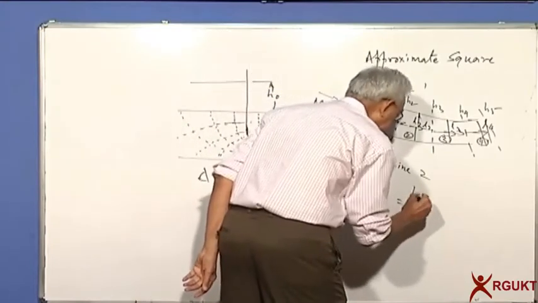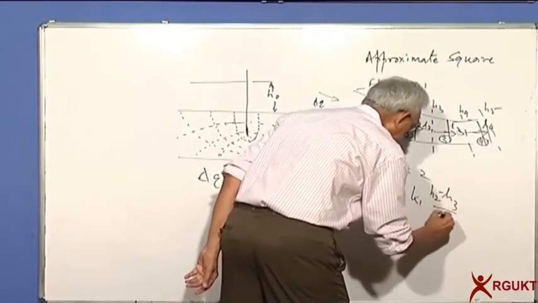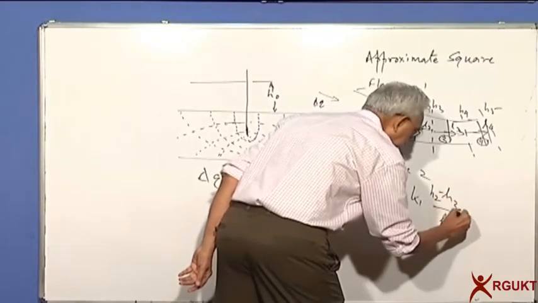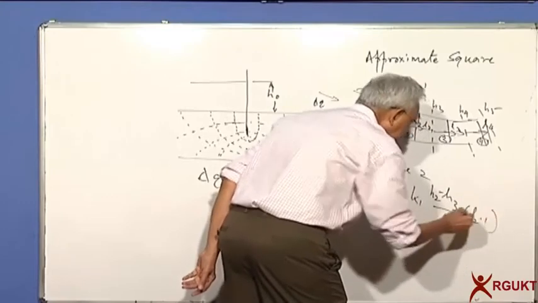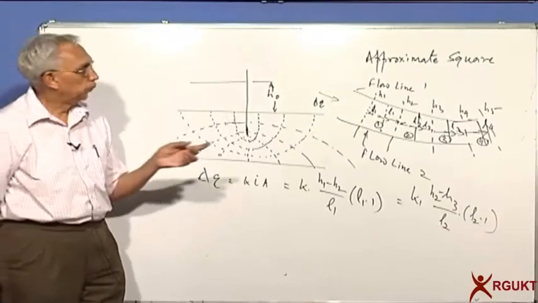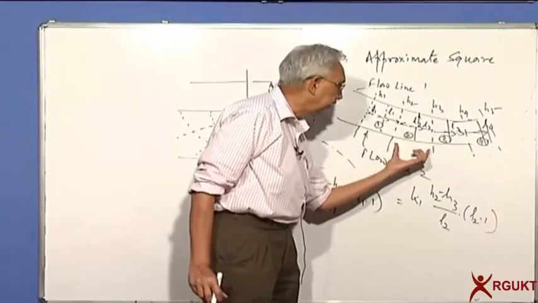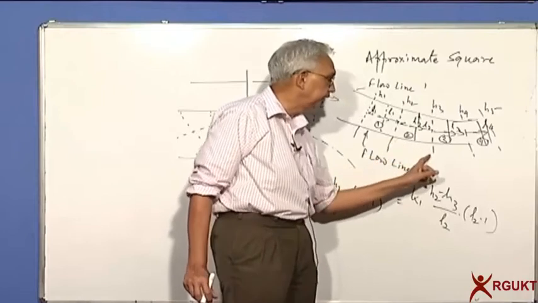It's also equal to Q2, which is K into (H2 minus H3) by L2, into L2 into 1. When you are calculating the flow through the second element, what is the head loss from the upstream to the downstream side?